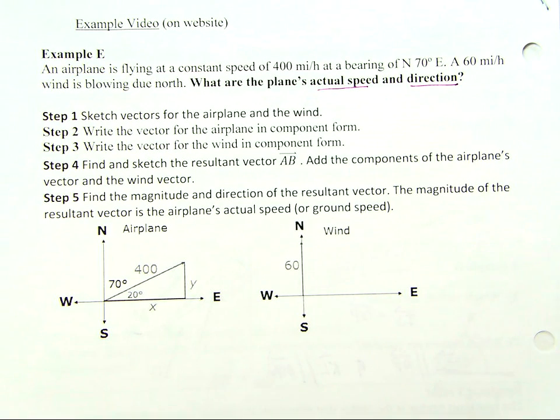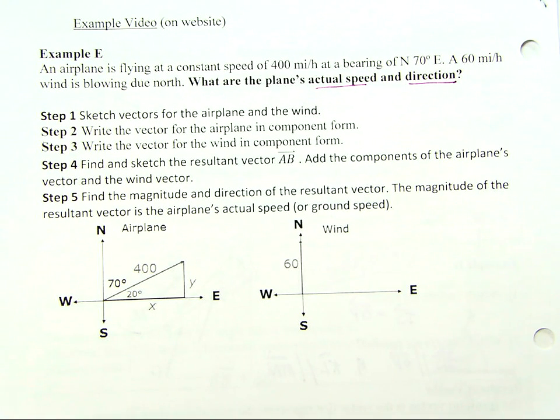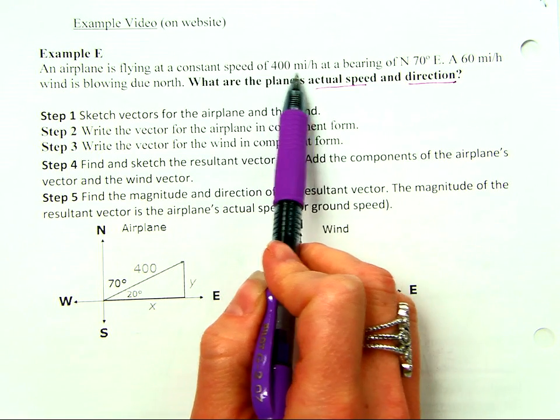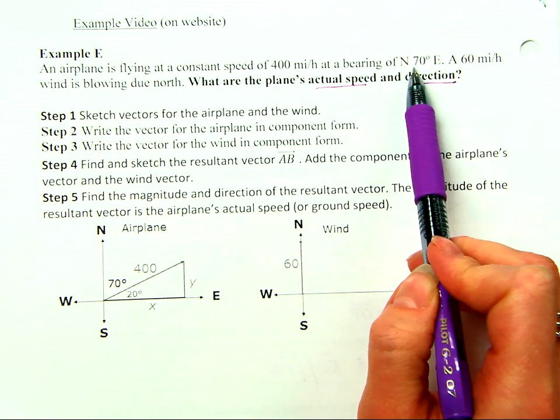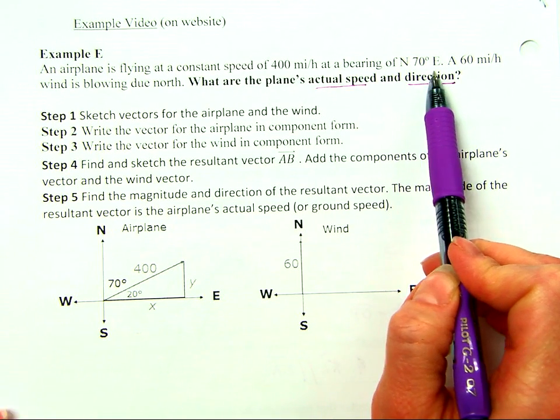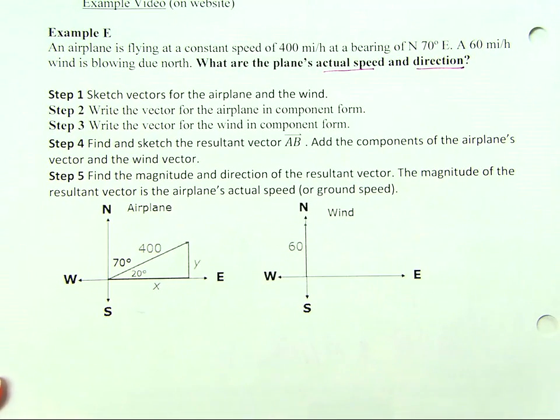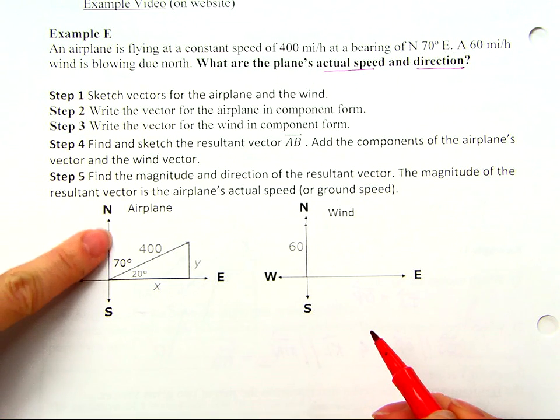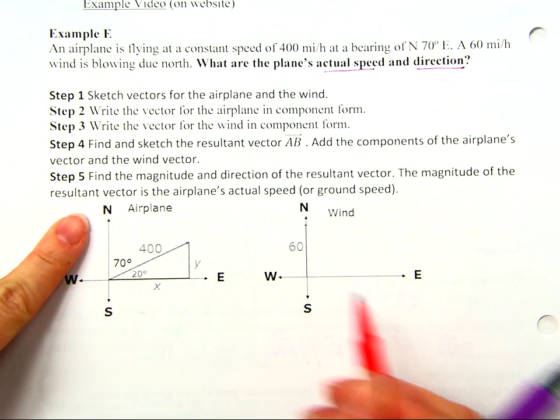So step number one, the first thing we want to do is sketch the vectors for the airplane and for the wind. If my airplane is flying at a constant speed of 400 miles per hour at a bearing of north 70 degrees east, if you look down below, the vector for my airplane, north 70 degrees east, I mean if I'm traveling north, I'm 70 degrees east of north.